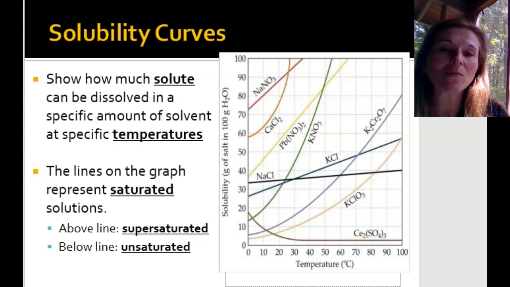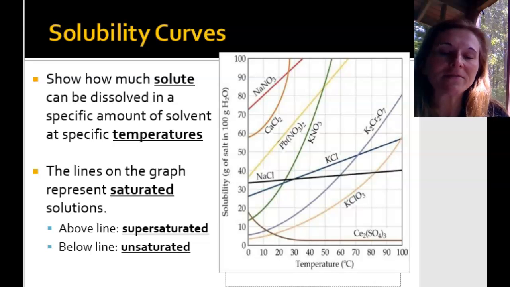All right, so here we are looking at a solubility curve, and each one of these lines is talking about a different solute. So here we have sodium nitrate, calcium chloride, lead nitrate. Oh, I'm sorry. Here we have sodium chloride, calcium chloride, potassium chloride.